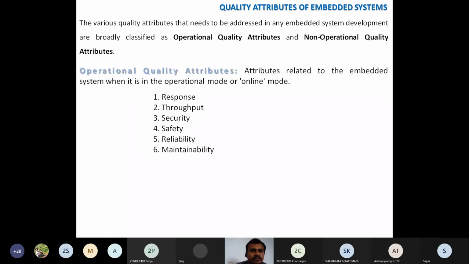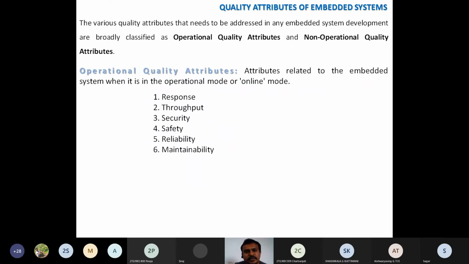So what is this operational quality attribute? When the system is working, when it is in the on mode, or in the online mode, or in the operational mode, those are the attributes related to the embedded system when it is operating.